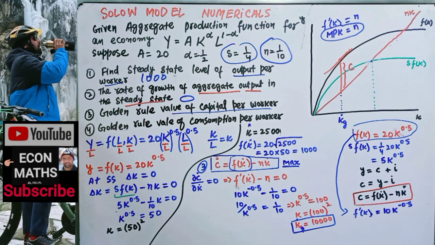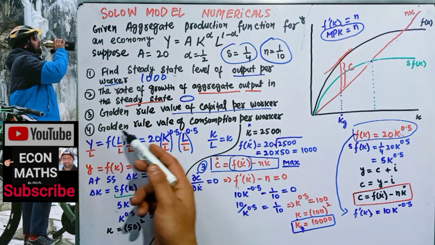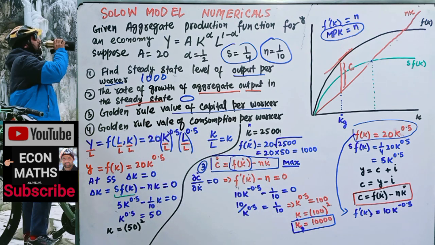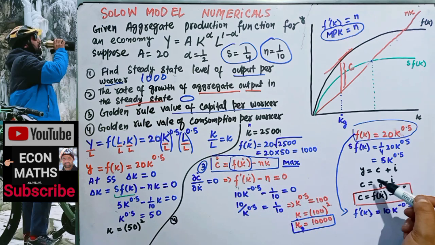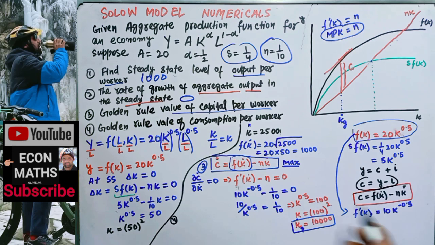Okay, the third part tells us to find out the corresponding golden rule value of consumption per worker. So fourth, consumption per worker, since we got the relation for consumption per worker. So our consumption per worker will be equal to f(k) minus nk.